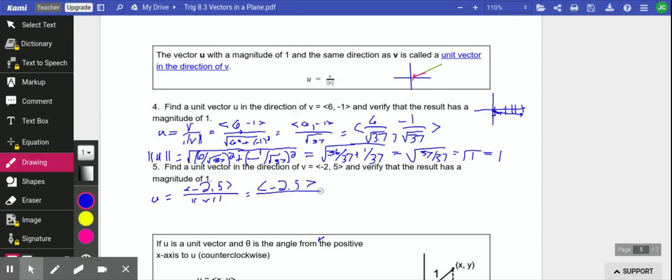We're going to divide it by the magnitude. Remember, magnitude is just modified distance formula. So -2 squared plus 5 squared. So that's going to give us 4 plus 25. So we get -2, 5 over the square root of 29.